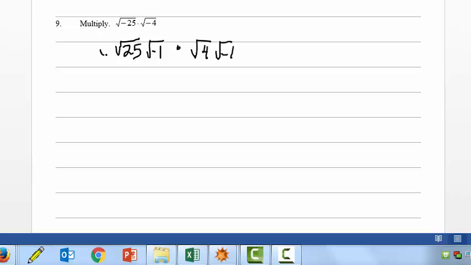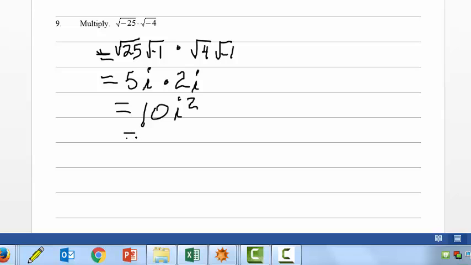Square root of 25 is 5. Square root of negative 1 is i. So I have 5i times square root of 4 is 2. Square root of negative 1 is i. So 5i times 2i, which is 10i squared, which is 10 times negative 1, which is negative 10.